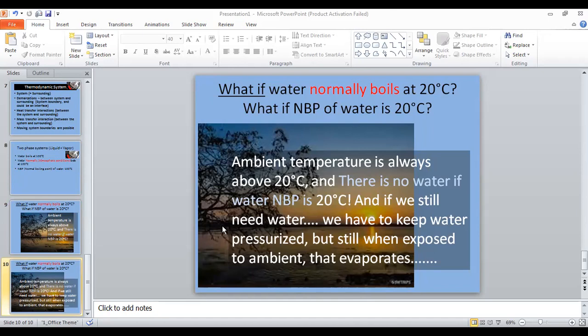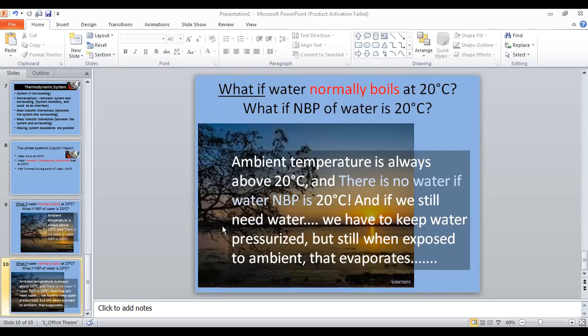Water freezes at 0, so from 0 to 100 we have liquid water. That is quite a wide range, so we can have water all the while. In a low temperature environment, we have little bit chilled water.